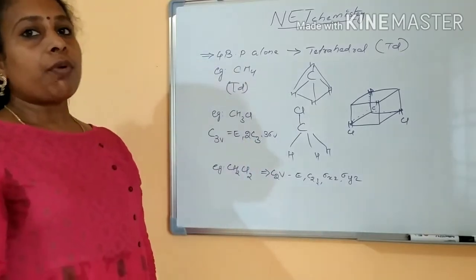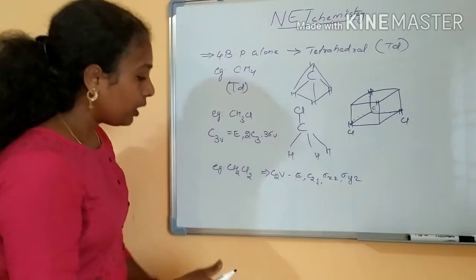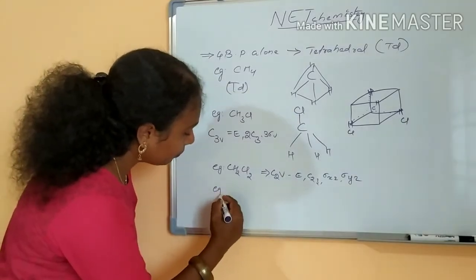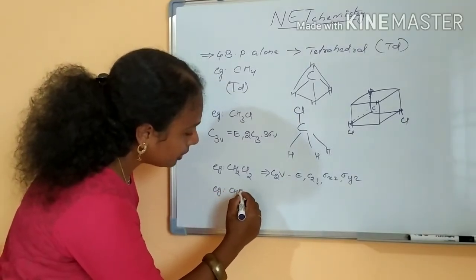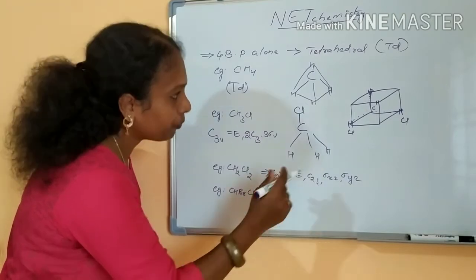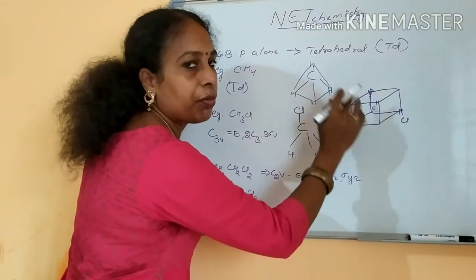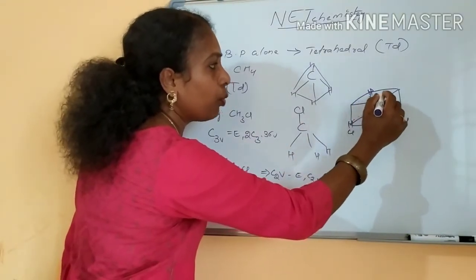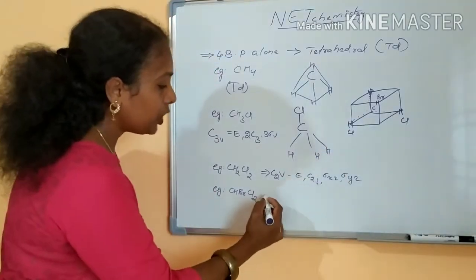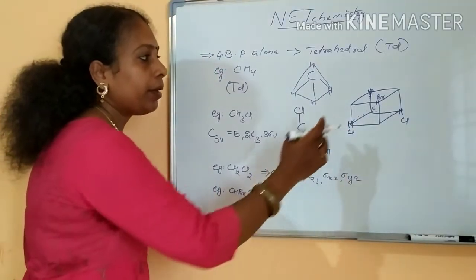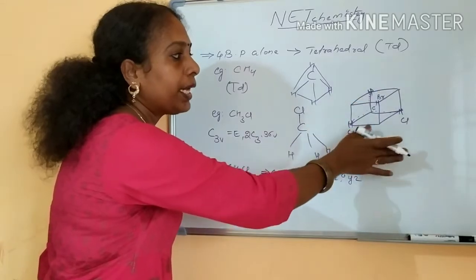Again I am replacing one more hydrogen atom with another halogen, for example CHBrCl2. So one more hydrogen has been replaced with a bromine atom. Again the point group is reduced, only one plane is present.